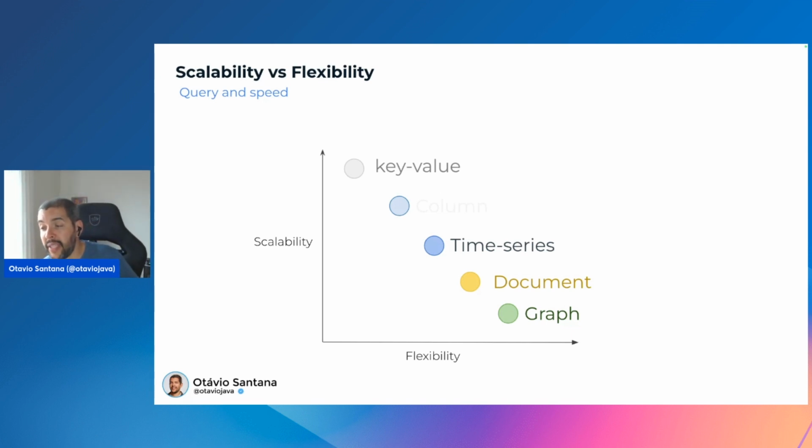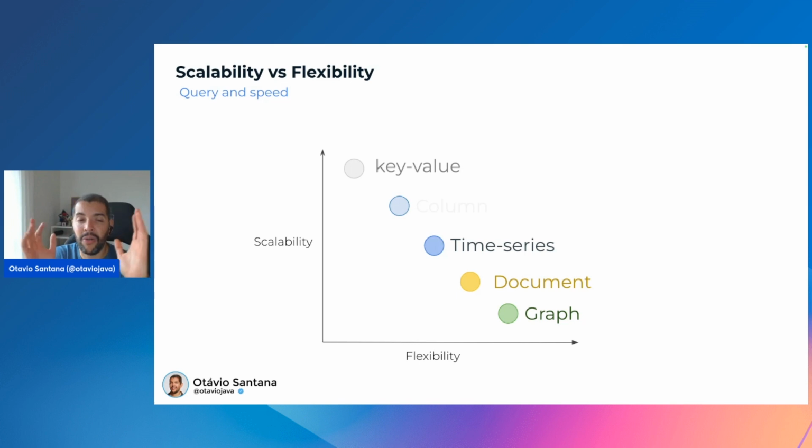Then we have document, which is really close to a relational database. So we're able to do queries by, for example, the name, the ID, doing some aggregation operations, perhaps some functions, and so on. And the last one, as I said, is the graph database, where you are capable of doing really deep queries and analysis.